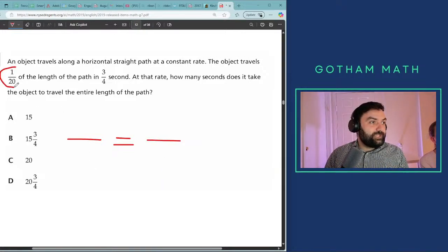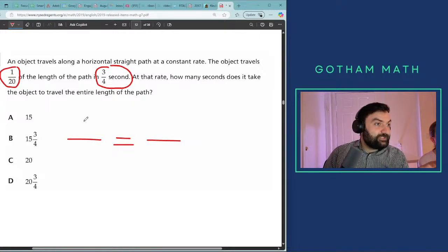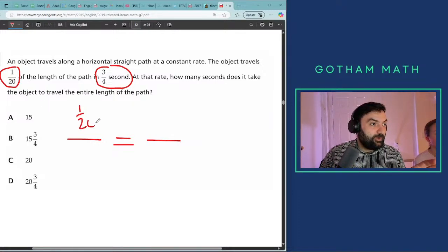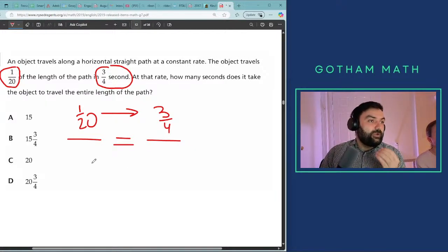First, across from each other, in front of each other, we put the information that's given to you. Let's say they say 1/20 of the length of the path in 3/4 seconds. So 1/20 in 3/4, right? And now on the bottom, we're gonna put the question that they ask. And across from the question will be the x, what we're looking for.